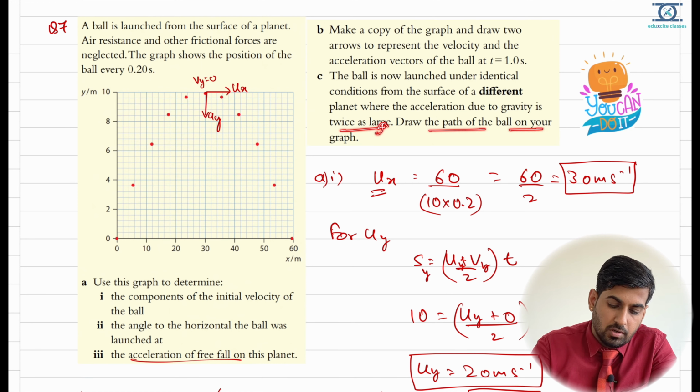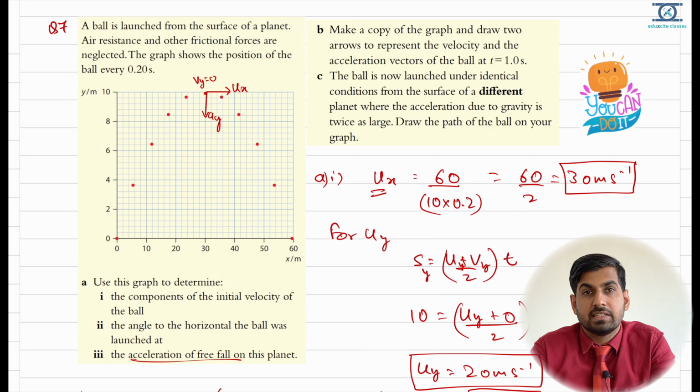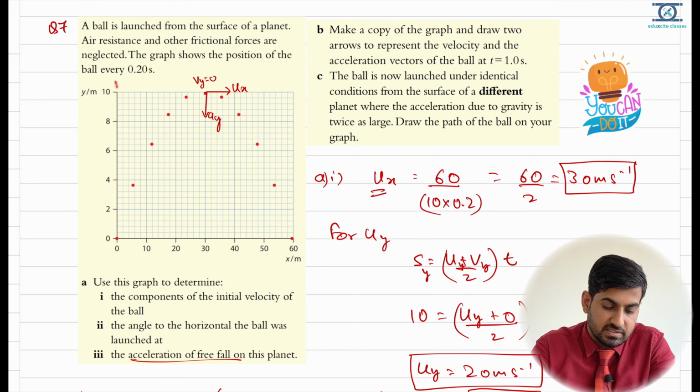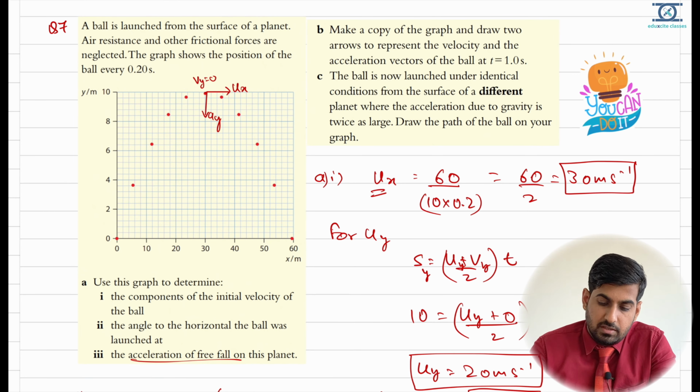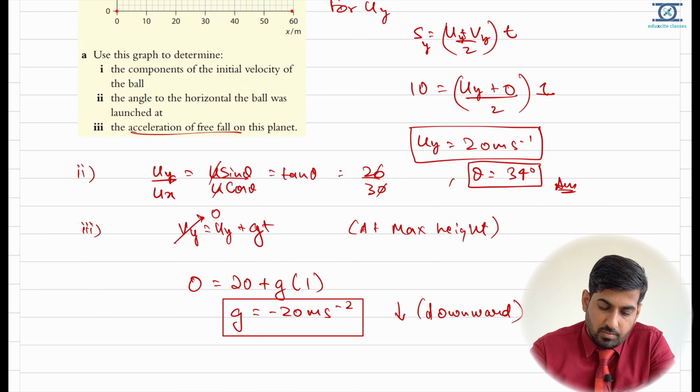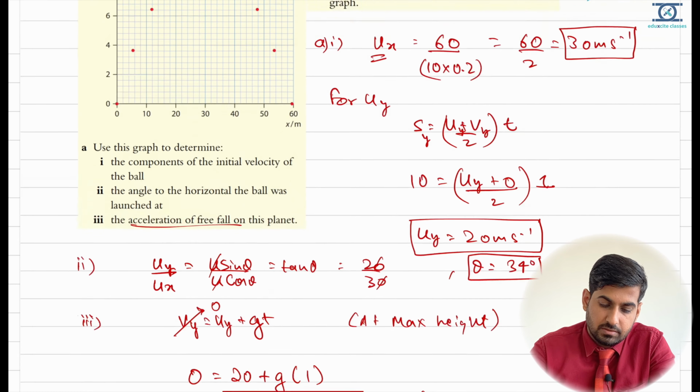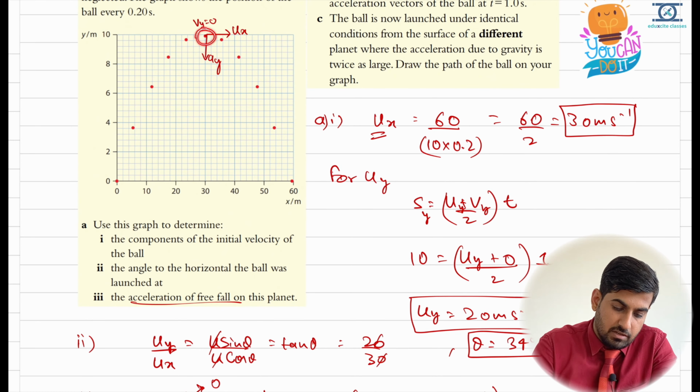Now for C: if the acceleration due to gravity is twice as large, draw the path of the ball on your graph, right? So if the gravitational acceleration is just double, the maximum height gets halved and the range will also get halved, because the rest of the things are not changing. If you look at this same formula, if g is doubled, instead of 20 it becomes 40, so this tan will become 5.